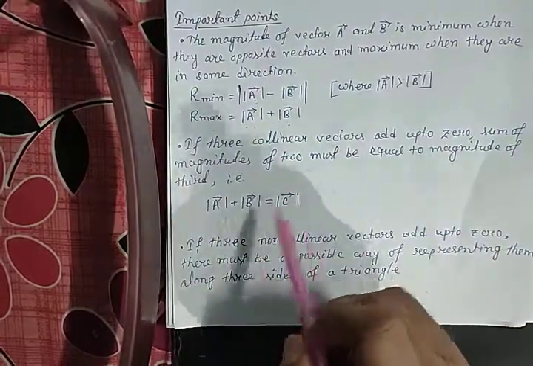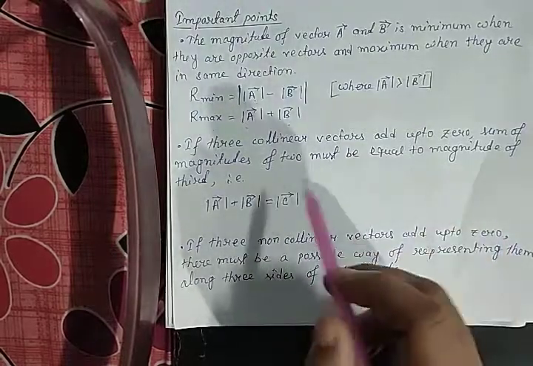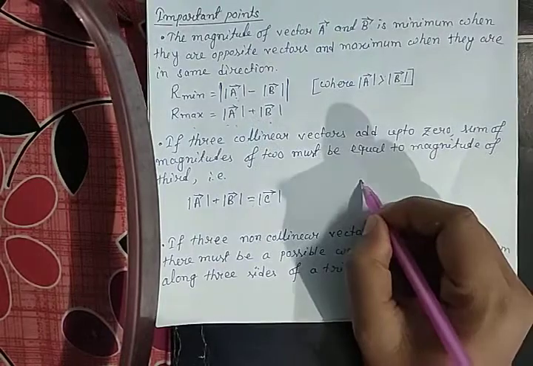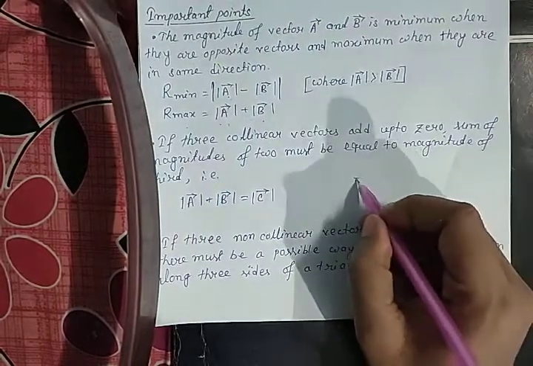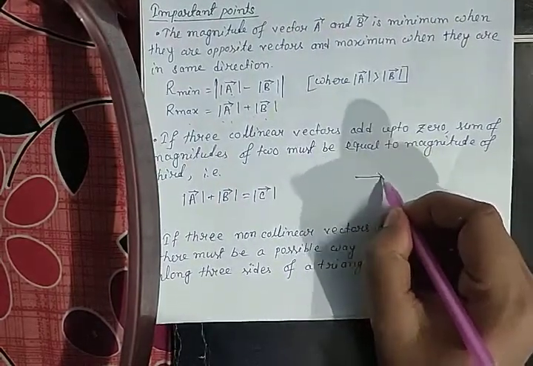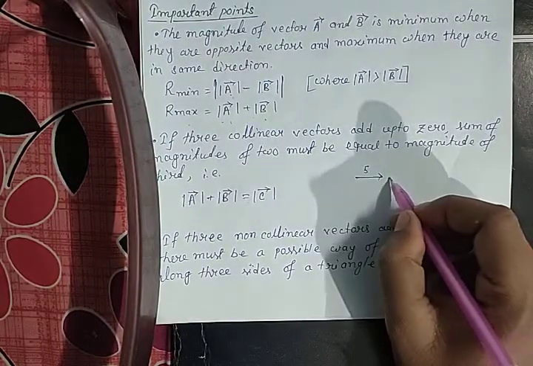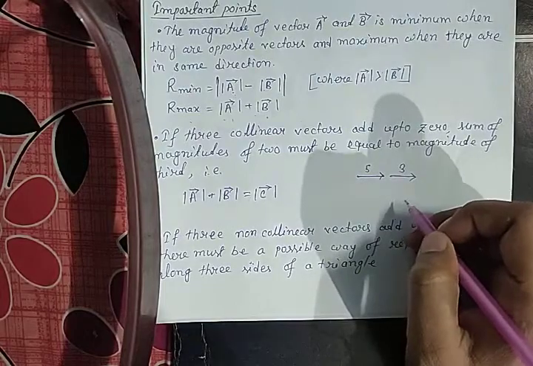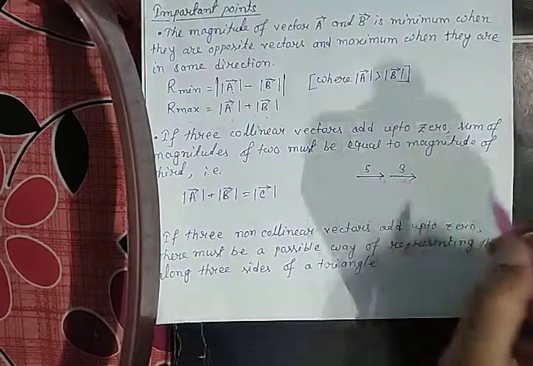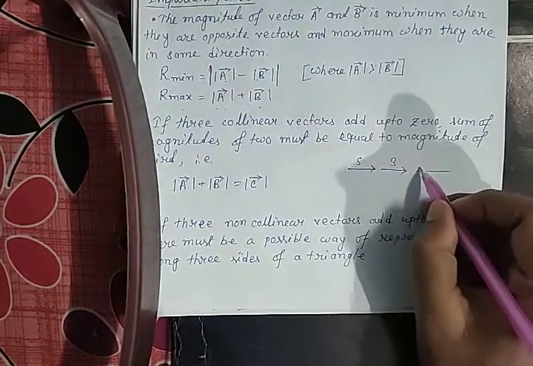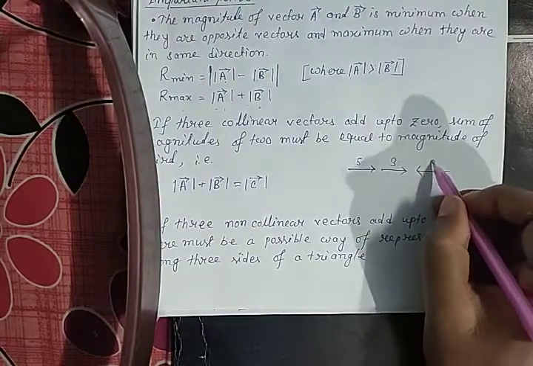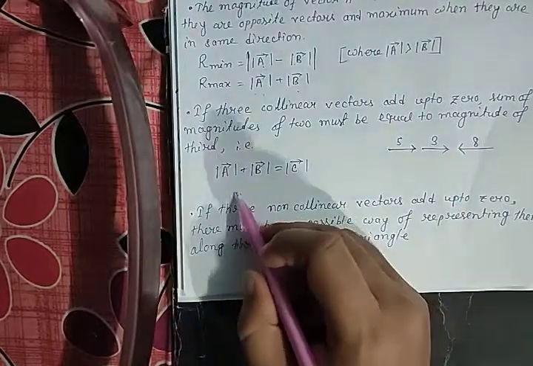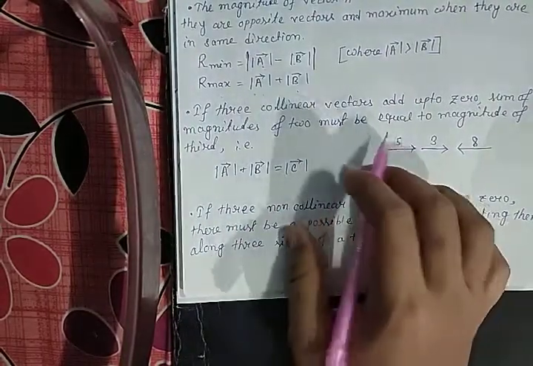Collinear vectors means vectors that are in the same line. So if one is 5, another is 3, and their addition is 0, then the third one must be in the opposite direction, and its magnitude must be 8.